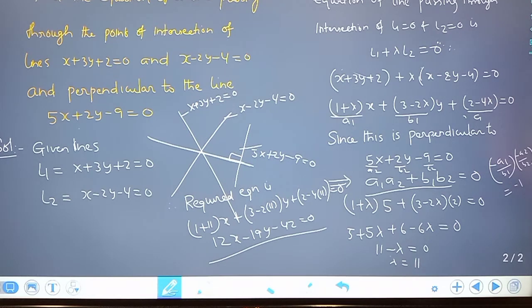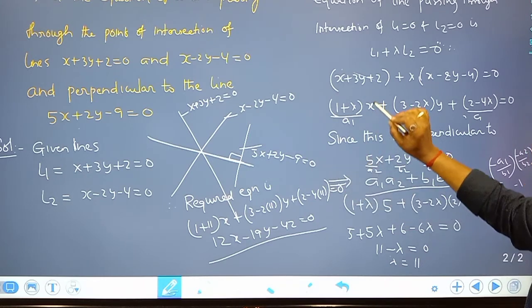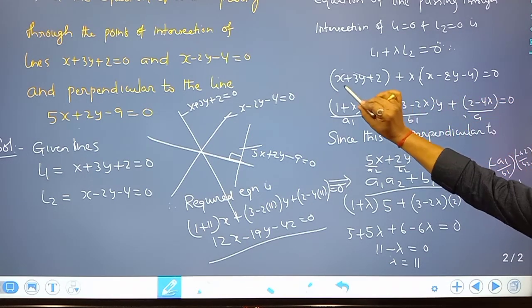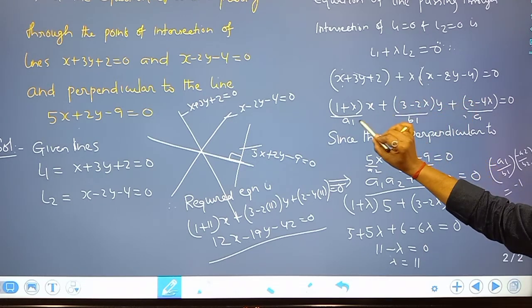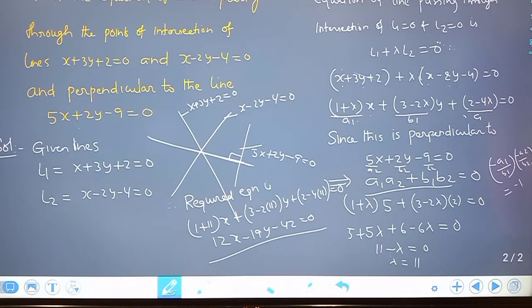Where you made the mistake, just go carefully. Perpendicular to the line, no? This is the first page: x minus 2y minus 4, (1 plus lambda) into x, (3 minus 2 lambda) into y, that's good, 2 minus 4 lambda is equal to 0.